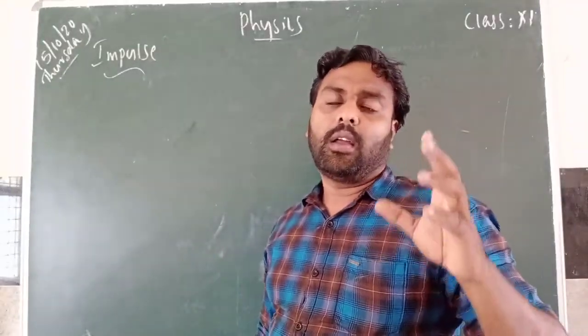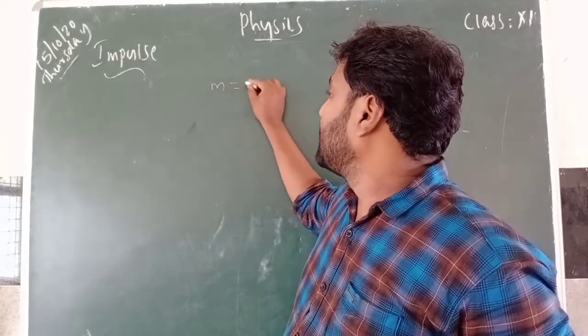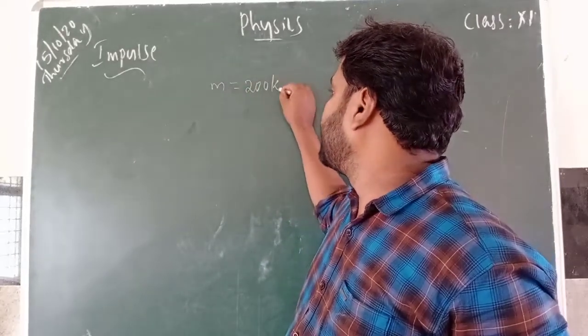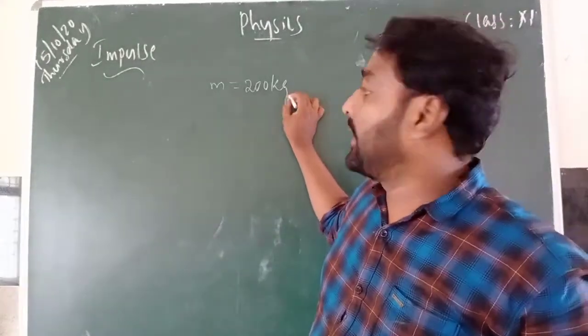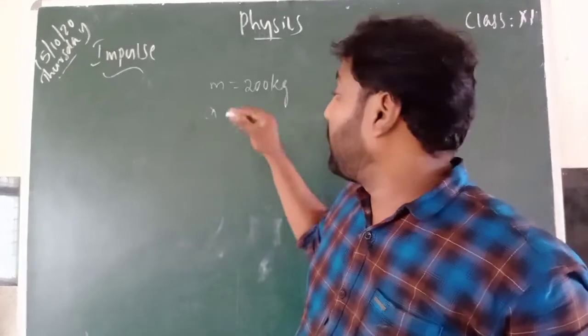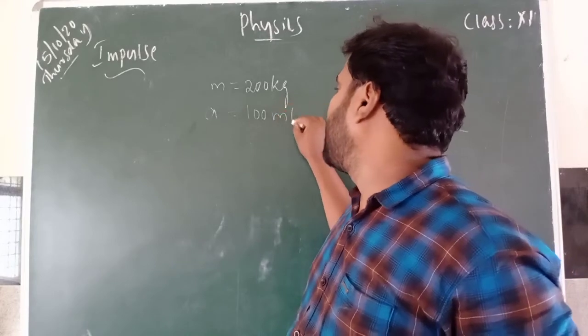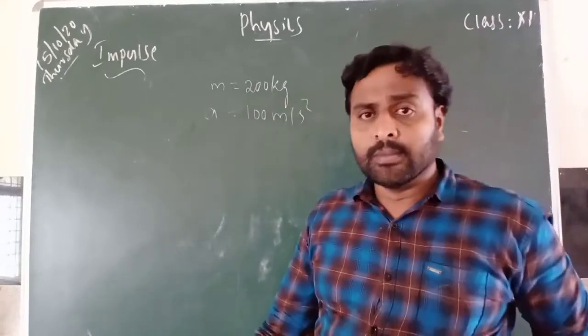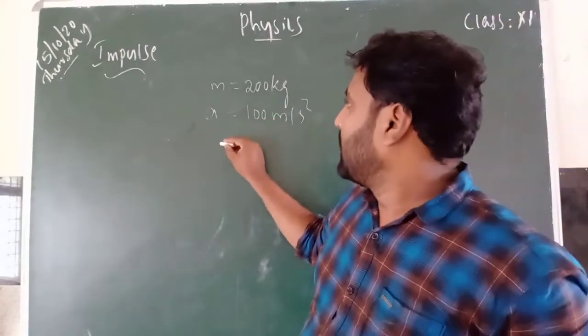Assume your bike's mass is 200 kg, just as an assumption. It is moving with an acceleration of 100 meter per second square. This is just a simple calculation.